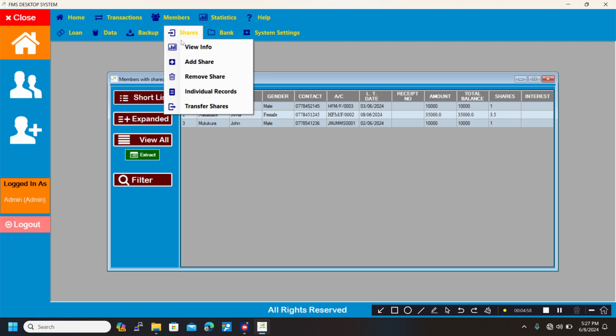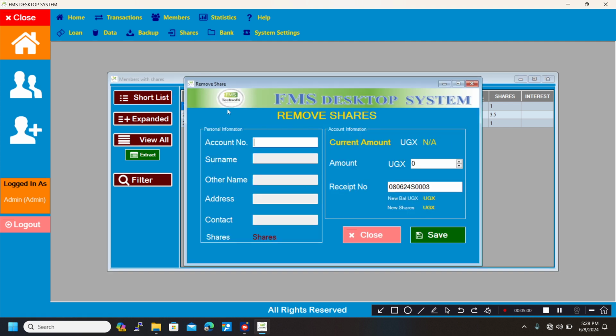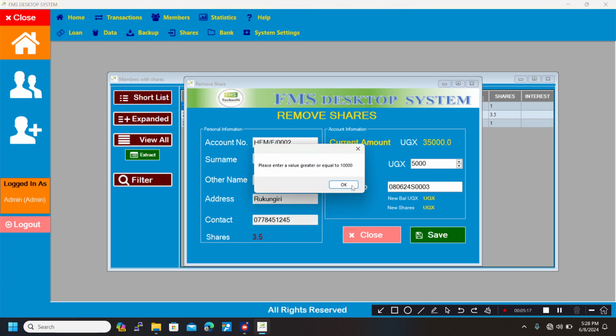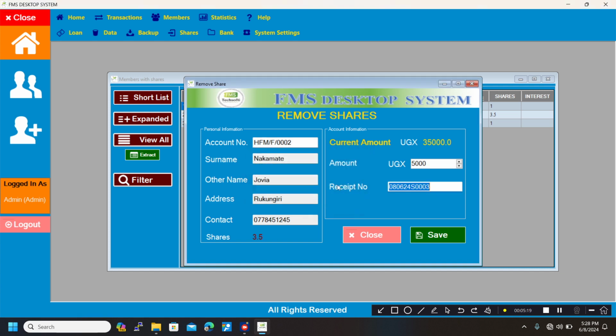Let us look at removing the shares. So the same form, once I paste in the account, it shall bring and put the amount you want to reduce. Let's say 5,000, and this person has sold off the shares or is going away. So we can see that it is strictly 10,000.